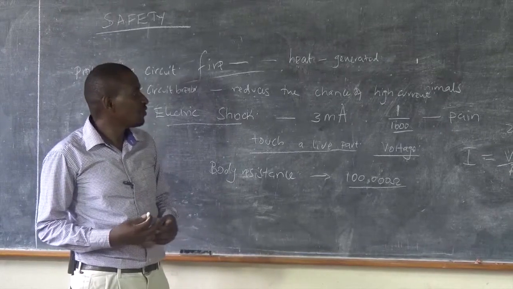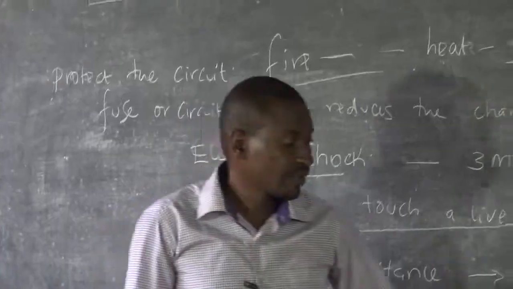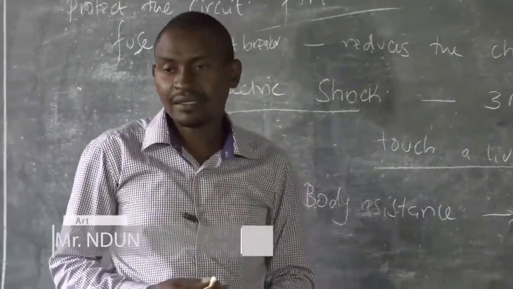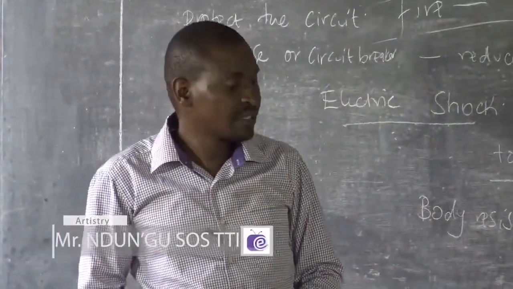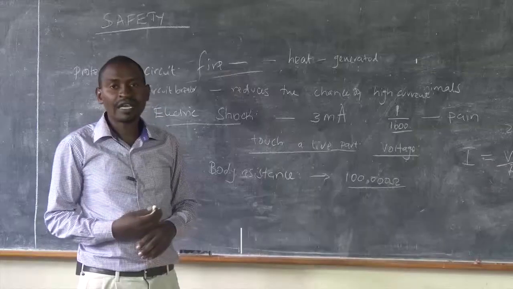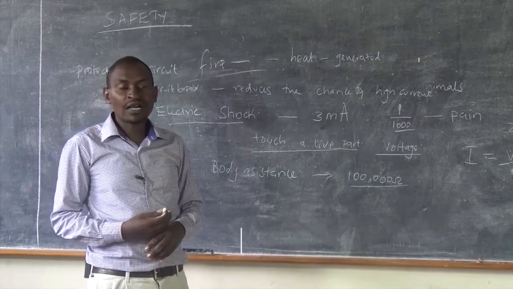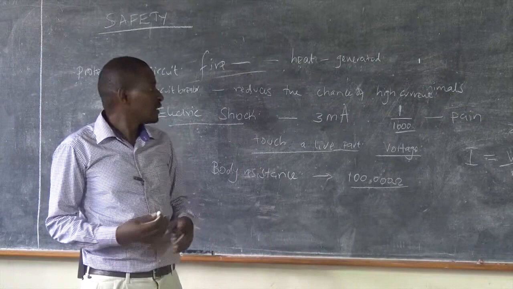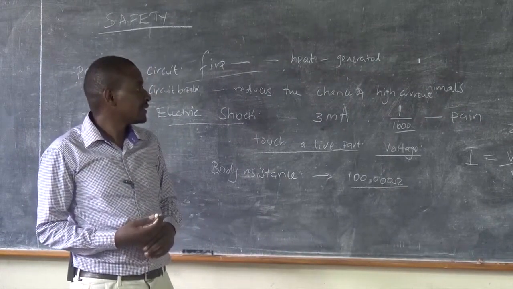That's the reason why, if someone gets an electric shock, they have to be assisted by either isolating the live part or by removing them from the live part, because they are no longer in possession to control their muscles, and that is very, very dangerous.